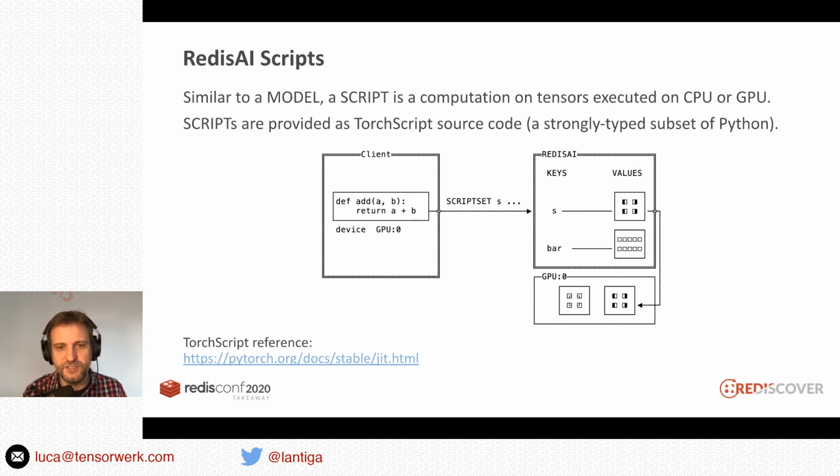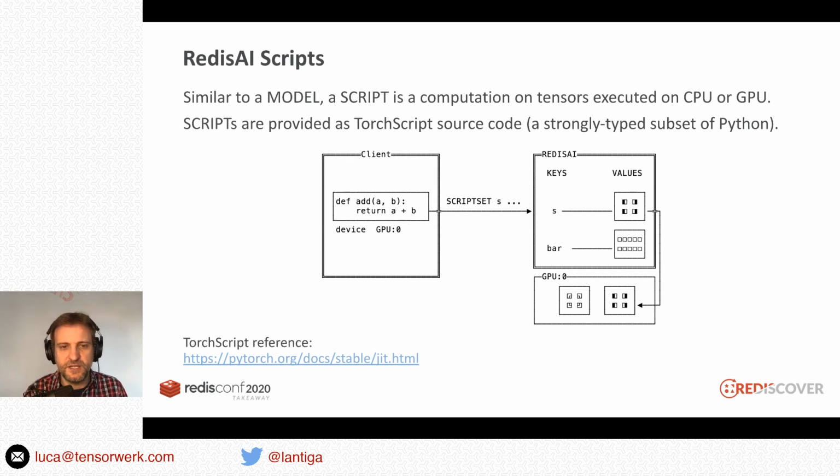And in PyTorch, it's used to execute computations using the just-in-time compiler that PyTorch provides. It's a strongly typed language, so it's not dynamically typed as Python, but it looks like Python when you write it. It will throw its own errors if you don't do things right with types. So if a type for a variable changes, then it will throw an error upon execution.